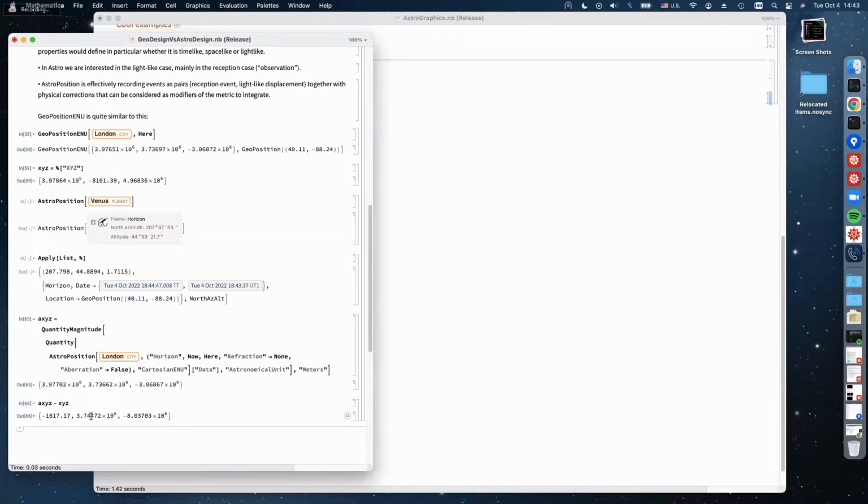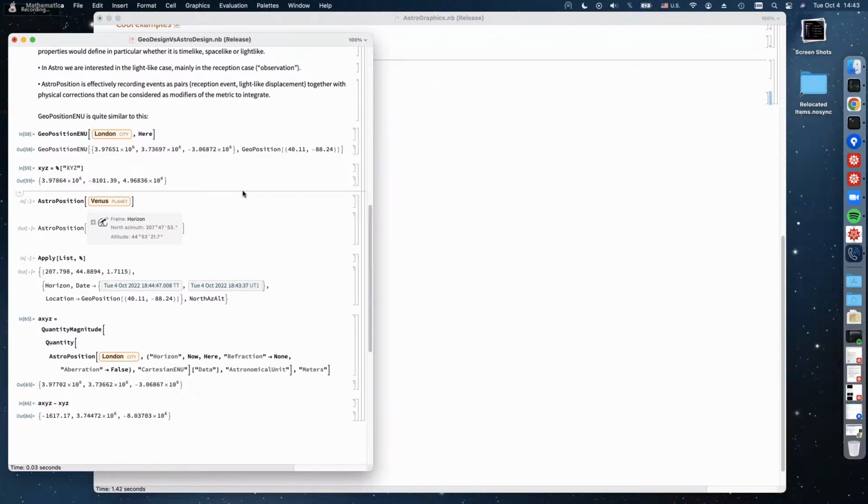Okay. So all right. So let's go back again. So the first argument of astro position is the thing you're looking at. But geoposition by default is using absolute coordinates on the Earth with respect to a certain datum.